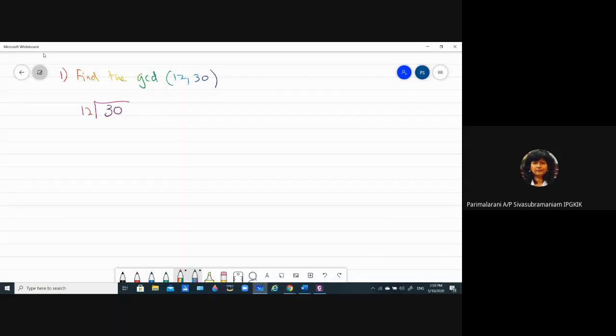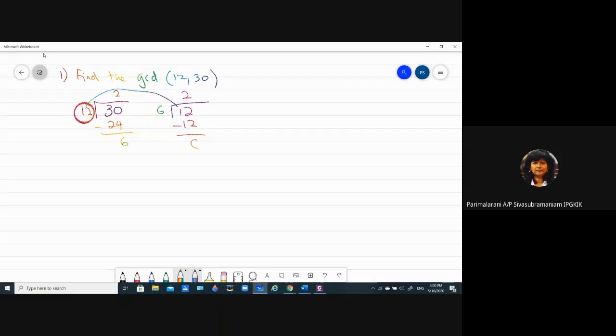30 divided by 12. What do you get? 12 times 2 is 24. Is there a remainder? 6. Now the remainder you put outside and this divisor goes inside. So 12 divided by 6. 6 times 2 is 12. Now, is there a remainder?